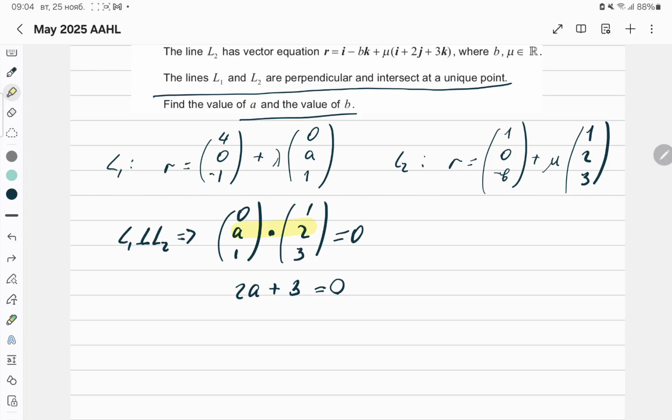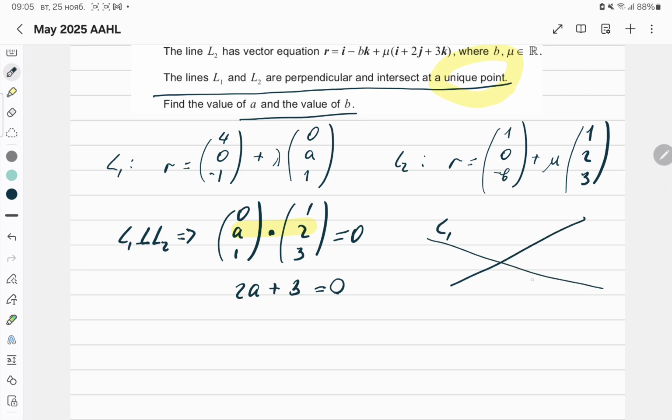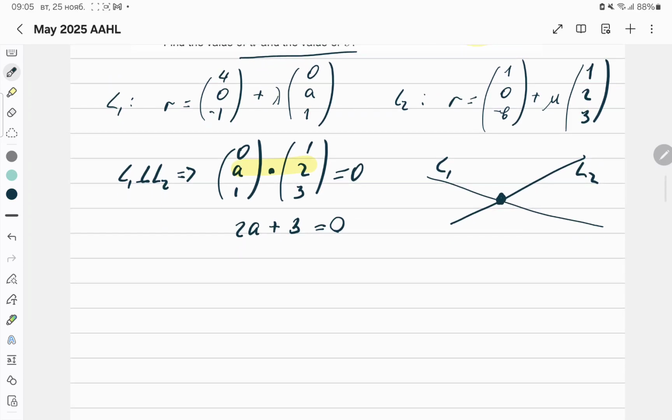The second equation: it says the lines intersect at a unique point, so L1 and L2 have a common point x, y, z. We can convert the lines into parametric form. For L1, x equals 4 plus 0 lambda, y equals 0 plus lambda times a, z equals negative 1 plus lambda.